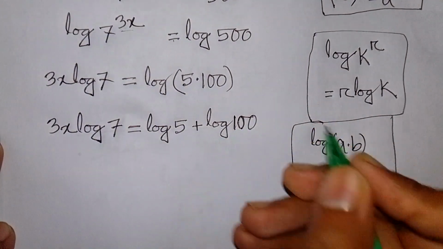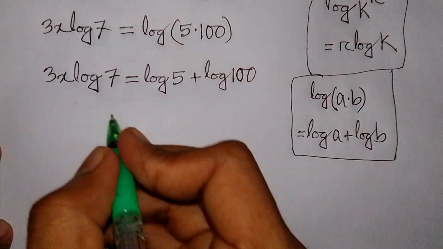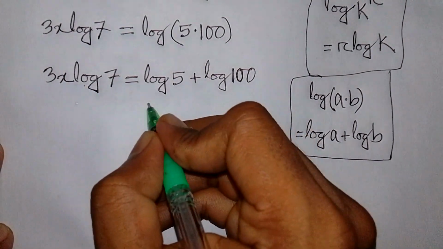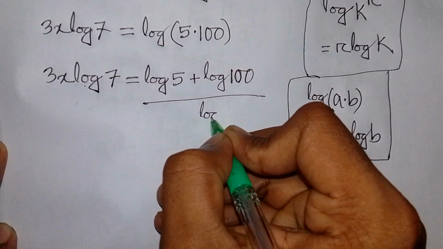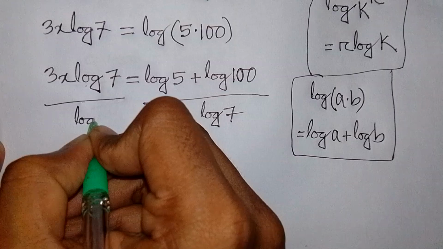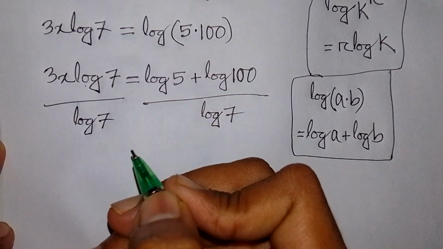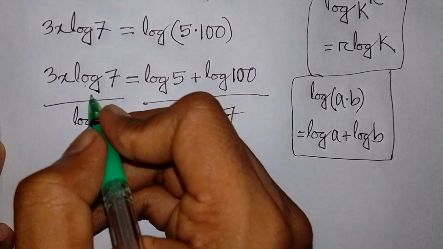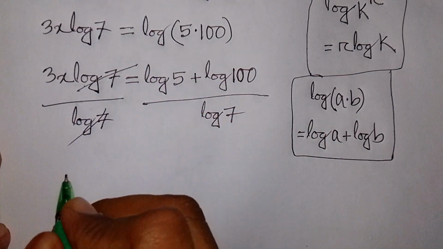Now we divide by log 7 on both sides. Divided by log 7, divided by log 7. We see this log 7 will be cancelled on the left.